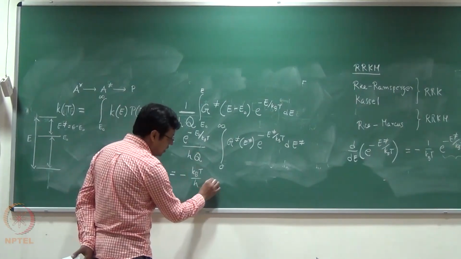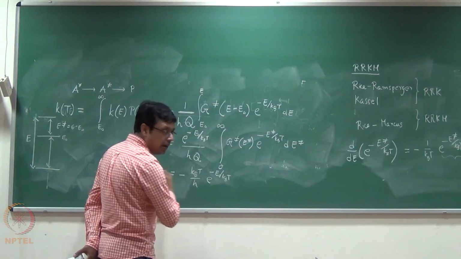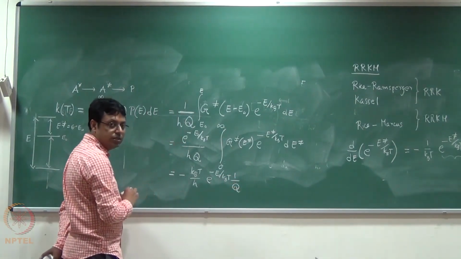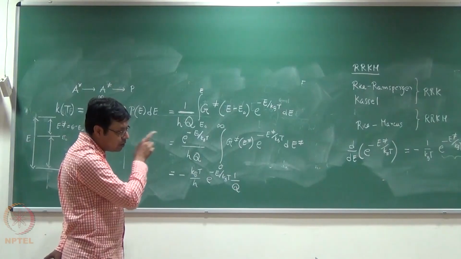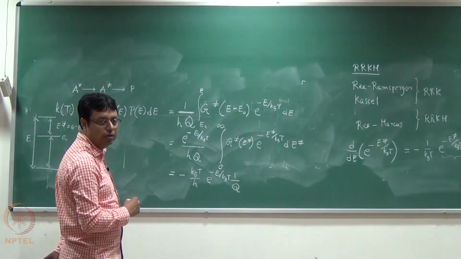I have also taken care of this e to the power minus E0 by kBT term, which also appears in the Arrhenius equation. I also have 1 over q, which is great. So that thing should be q dagger, basically. How? That's the question.